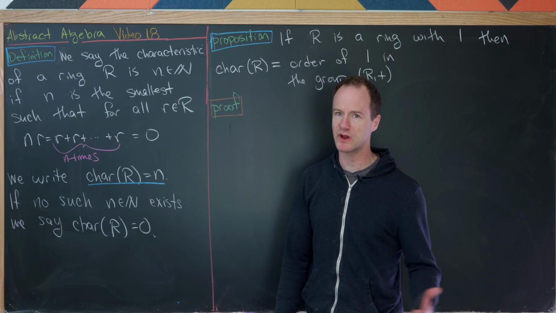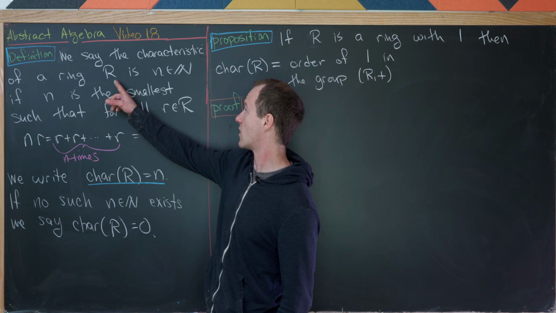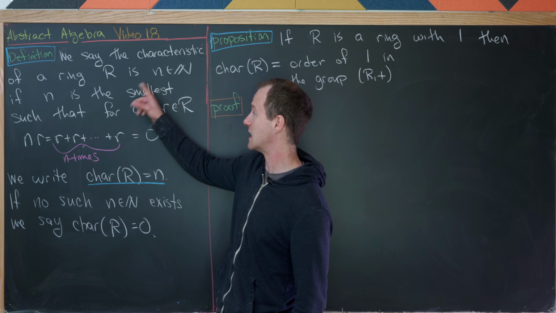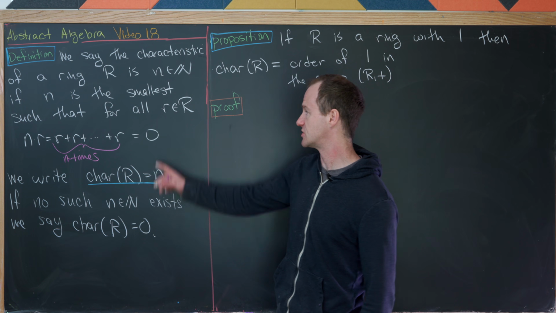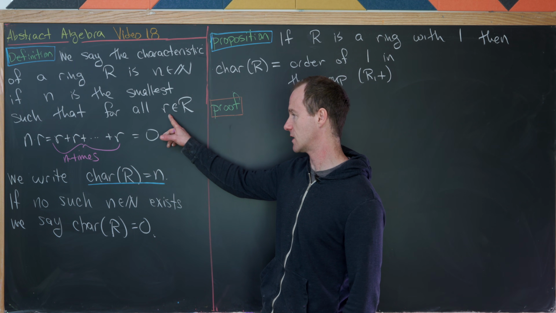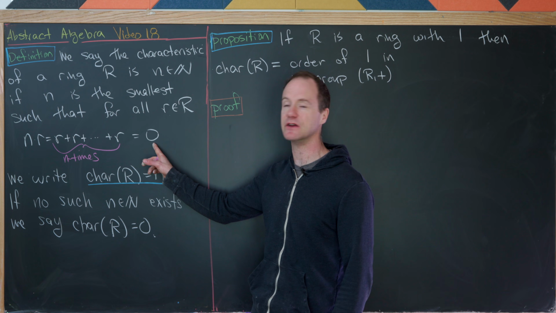And this notion is broken down into 2 cases. So we say that the characteristic of R is a natural number n if n is the smallest such natural number such that for all elements of the ring, if we add r to itself n times, you get 0.